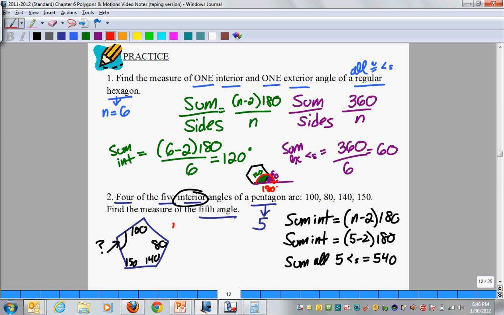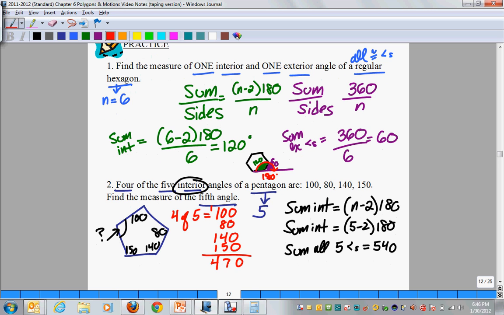Let's see what we have. 4 of the 5 add up to 100 plus 80, 140, and 150, which is 470 altogether. That's for 4 of the angles. So to get the fifth angle, we're going to take our total sum, 540, minus our 4 angles, 470, and we're going to get 70 degrees. So our last angle here must be 70 degrees.